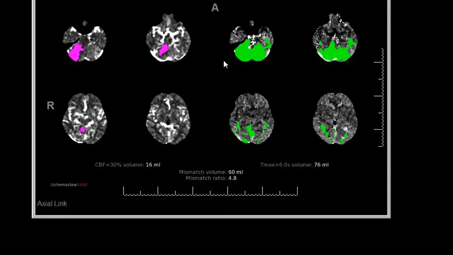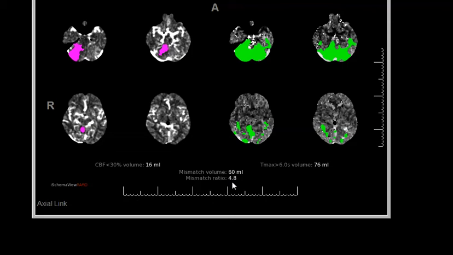CT perfusion was performed and showed clearly a lot of hypoperfusion of the posterior fossa and some ischemic core of the superior cerebellar artery territory. The CBF less than 30% is less than 70 milliliters. That means this dead tissue is not too large, and there's plenty of salvageable cerebellar parenchyma to be saved.